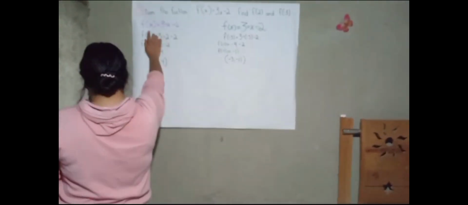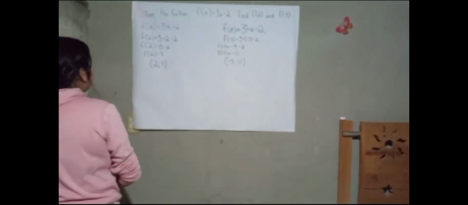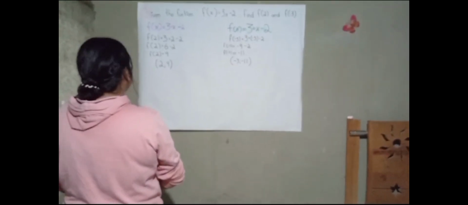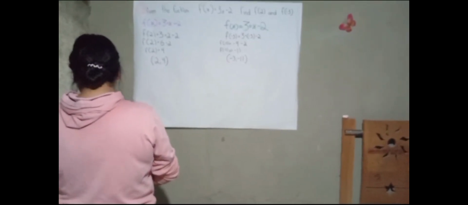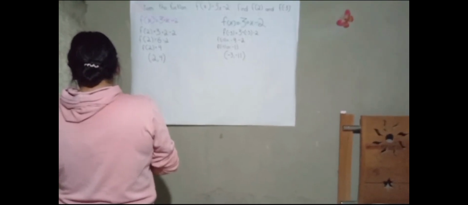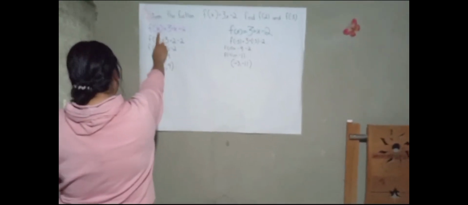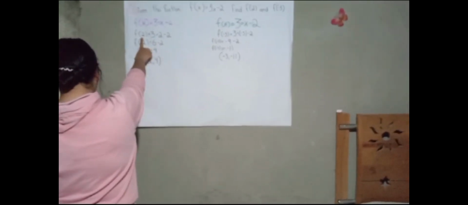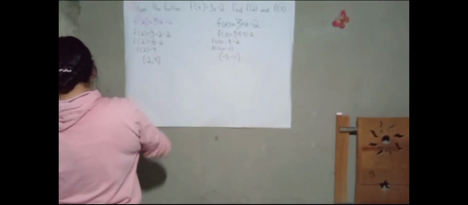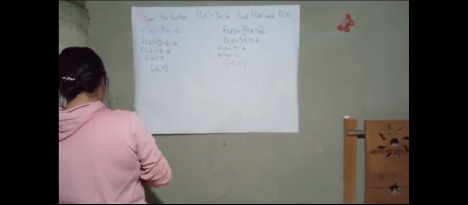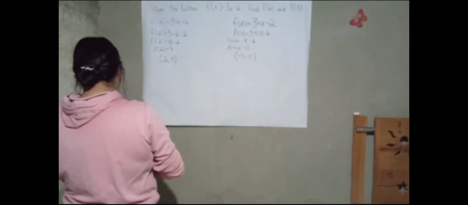We copy the function f of x equals 3x minus 2. We replace the x with 2, the rest of the function is the same. We solve the operation.